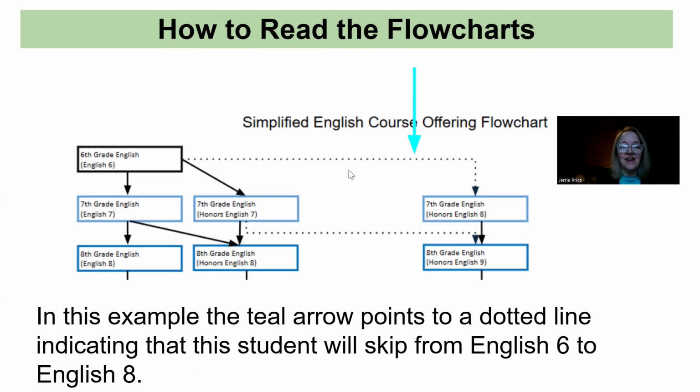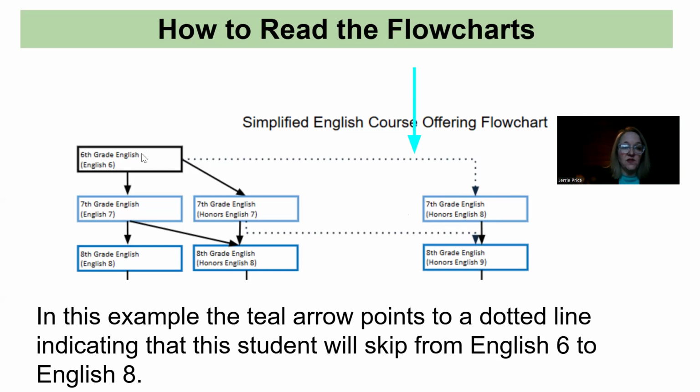We also have these dotted lines with arrows at the end. The dotted lines indicate students that might be considered for skipping a grade. They might qualify to skip, for example, in this one, sixth grade English in the beginning. They're a sixth grade student in sixth grade English, but we may see that they are very advanced and they may qualify to skip over seventh grade English, and they would be a seventh grade student, but in eighth grade honors English.